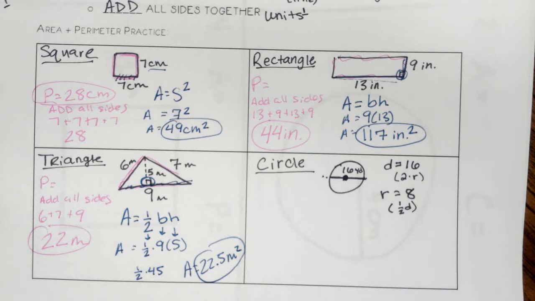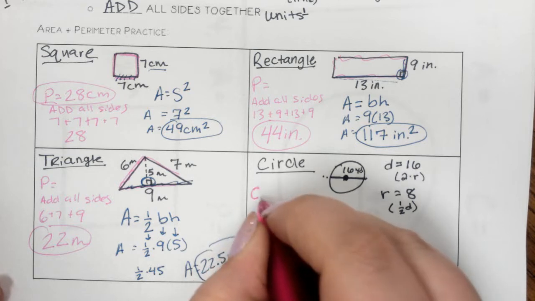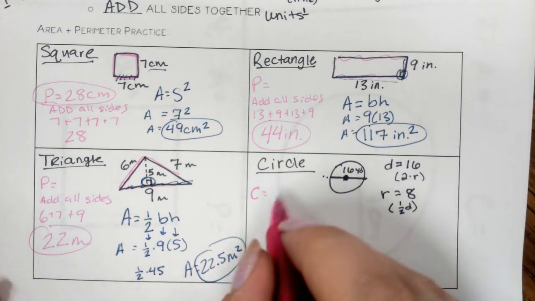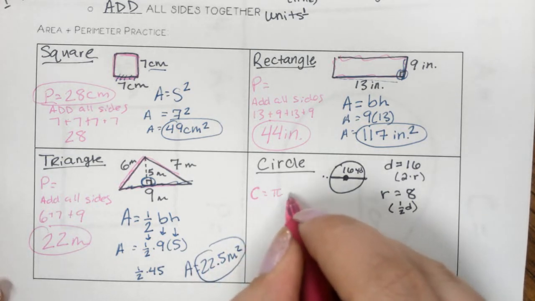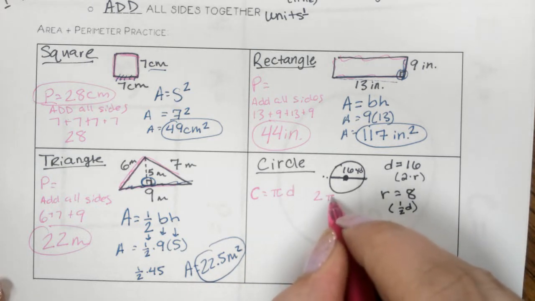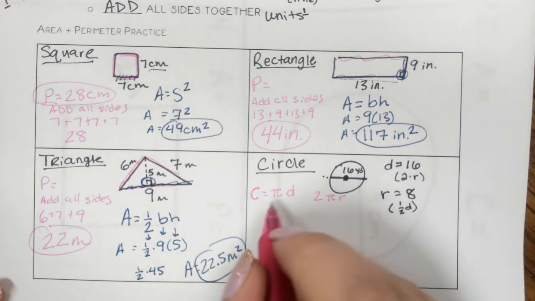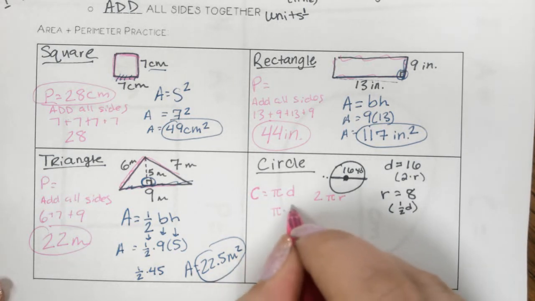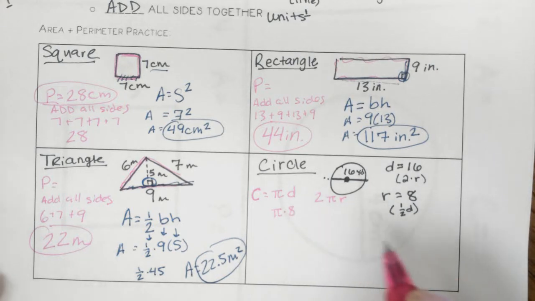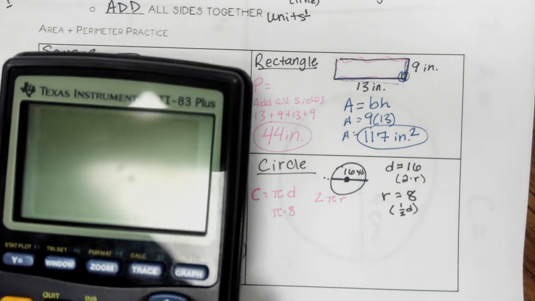Instead of finding perimeter for a circle, we call that circumference. And there are two formulas here. We can use pi times the diameter, or we can use 2 times pi times r. Pi times the diameter would give us pi times 8. In 7th grade, I know you guys used 3.14 for pi, and that is a really great estimation.